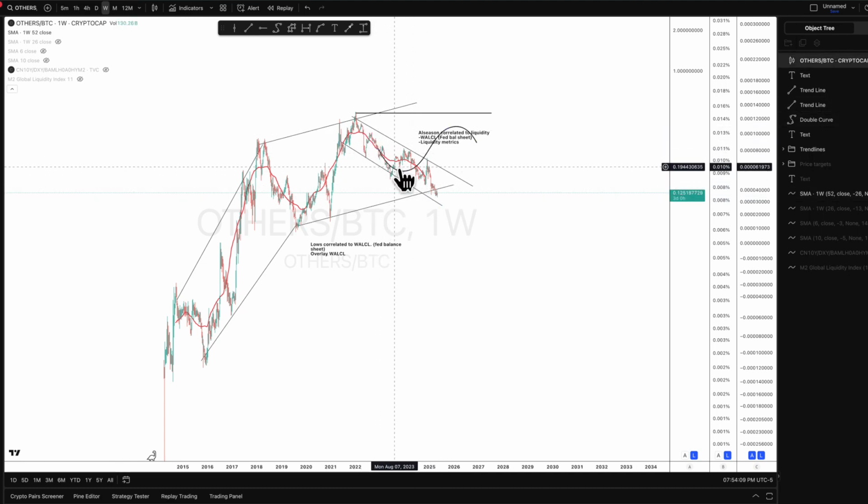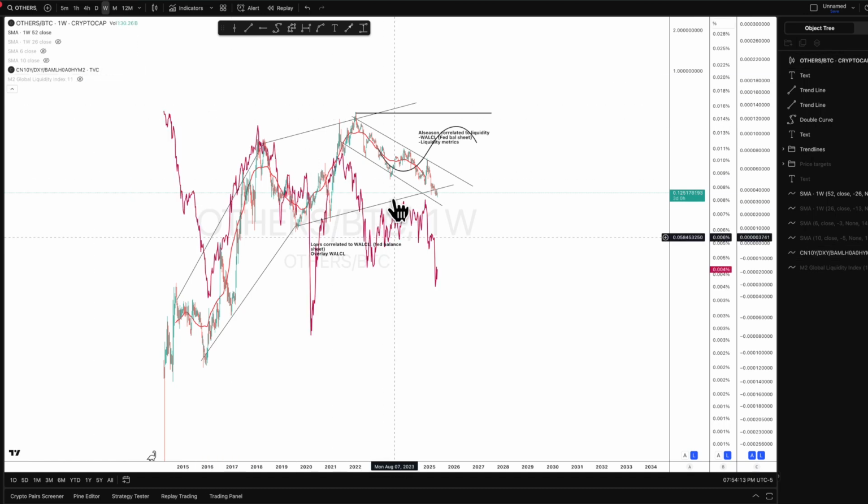This one kind of showing a similar thing where we had this bounce, this outperformance of altcoins relative to Bitcoin. At the same time, we had this bounce in liquidity. And given that we had this bounce, I was kind of expecting an underperformance in this area to compensate for the equal and opposite reaction where we had this positive divergence.